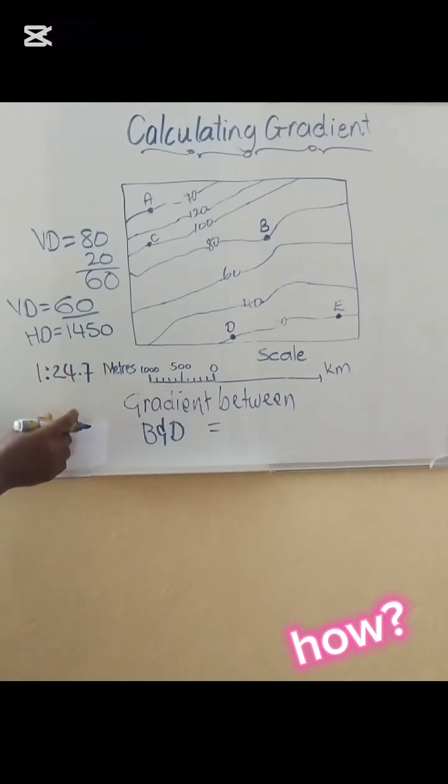Okay, that means for every meter we ascend vertically, we would actually travel 24.7 meters.